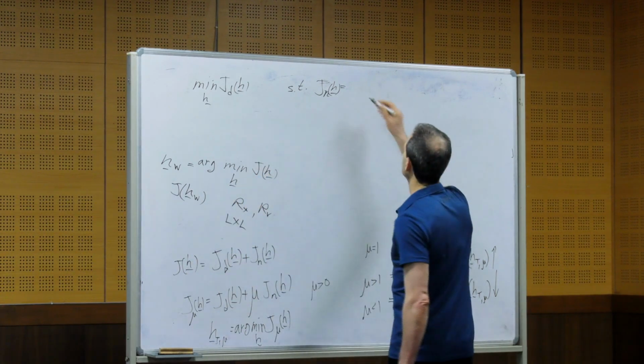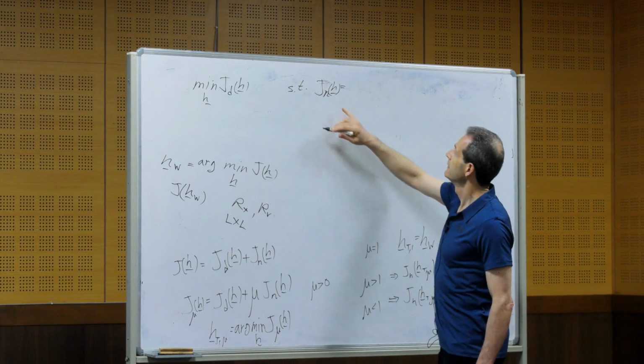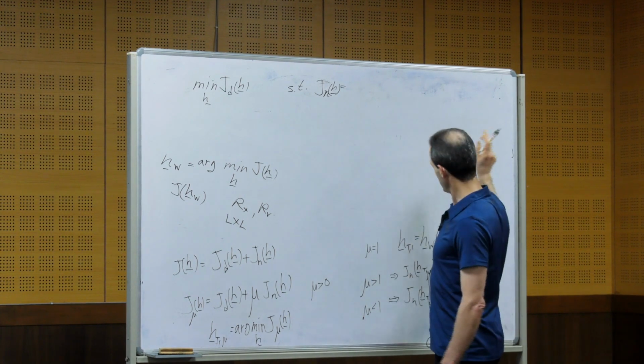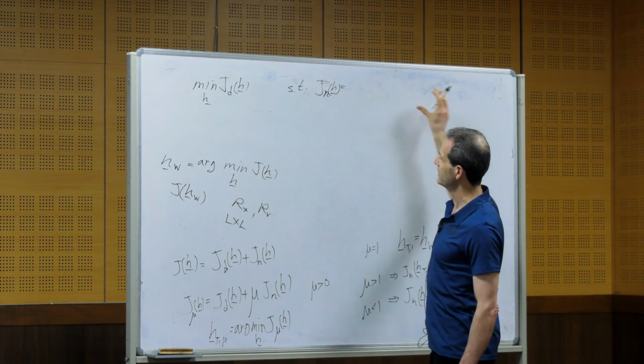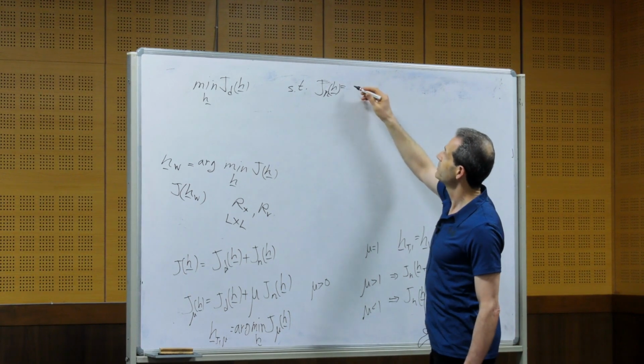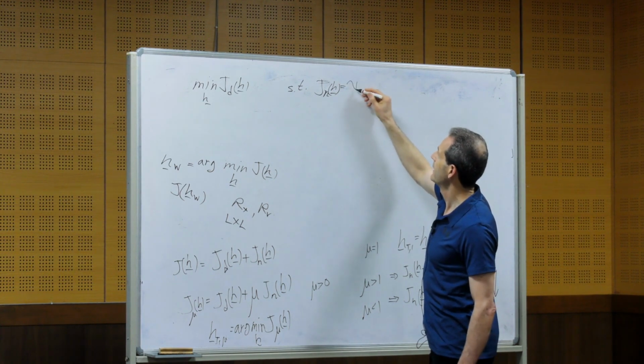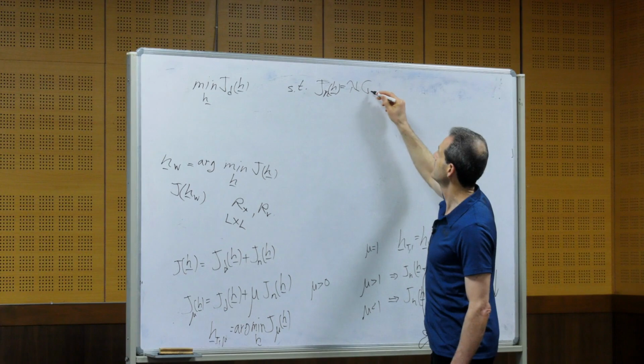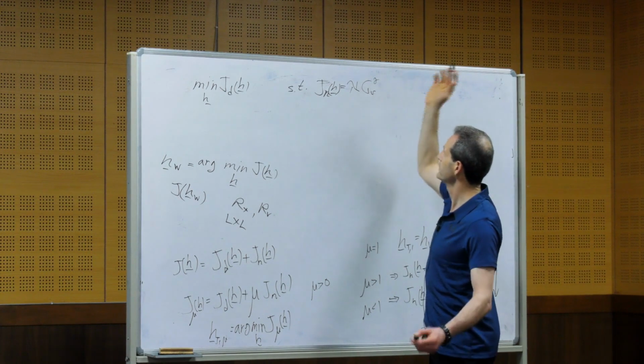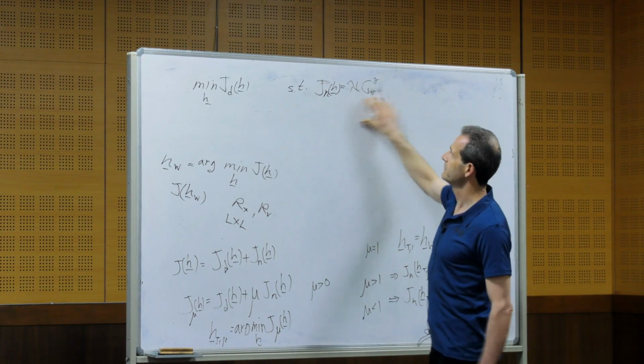Okay, I deleted that, but suppose that I give here a certain value, let's say a fraction of sigma_v squared, or something else, whatever.